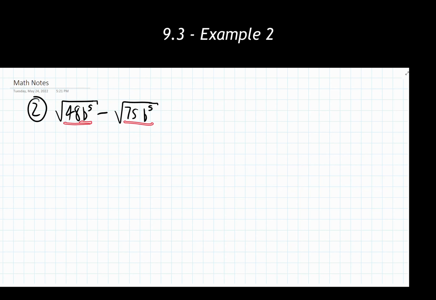They both have this b to the 5th power, but one is a 48 b to the 5th power, the other is a 75 b to the 5th power, meaning that these two radicands are different, and therefore, at this point in time, I cannot add or subtract these things together. So my only option then is to simplify these radicals down as much as I possibly can.